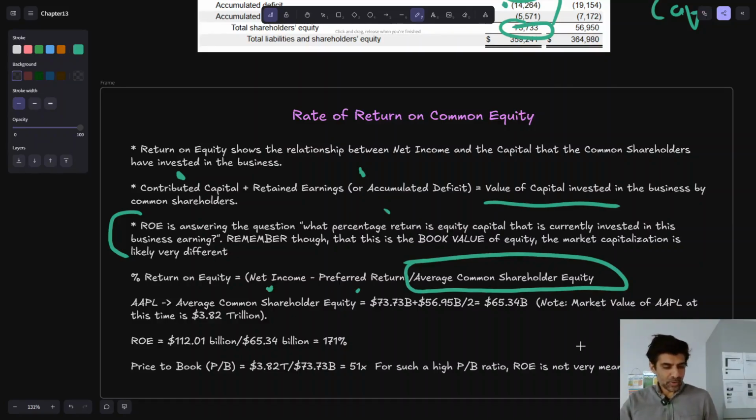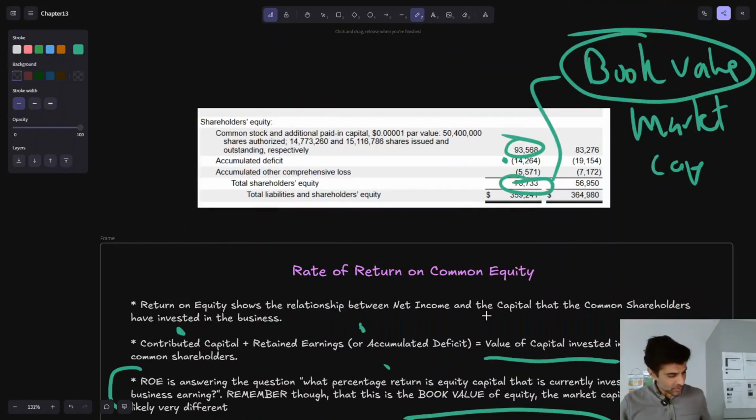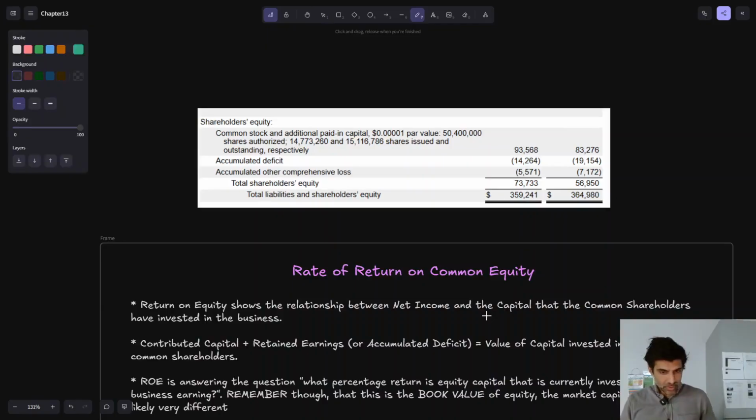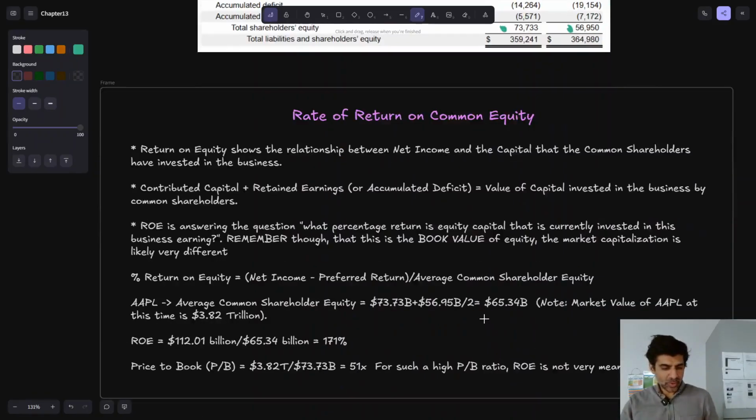So for Apple, we can see that our average common shareholder equity is basically this amount and this amount, the average, because this is beginning of year, this is end of year. So the average of the year is just this plus this divided by 2. That's where we got this.